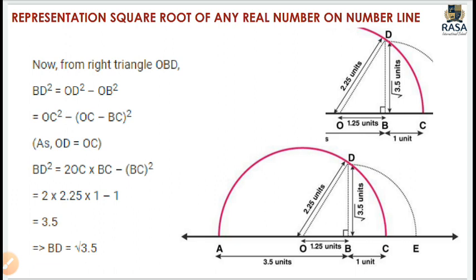So combined, AC is how many units? 3.5 plus 1, that is 4.5 units. So when you divide 4.5 by 2, you will find it 2.25. That means OC and OA is 2.25 units, because we have found O as the midpoint of AC. O जो है वो AC का midpoint है, और AC की entire length कितनी है? 3.5 plus 1, that is 4.5.